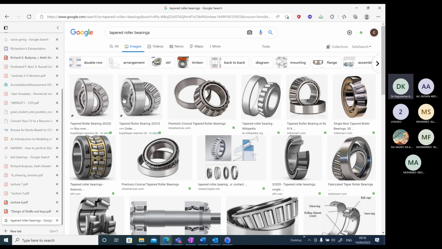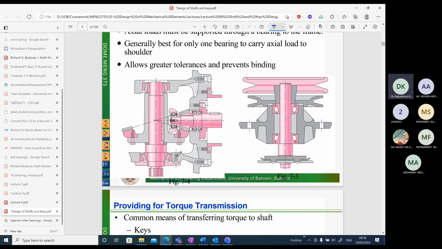The outer race is usually fixed to a hub. Through the inner race, you have your shaft passing through it. And there is an interference between the inner race surface and the shaft surface. What is an interference fit? There is a tight fit between the bearing inner surface and the shaft outer surface.